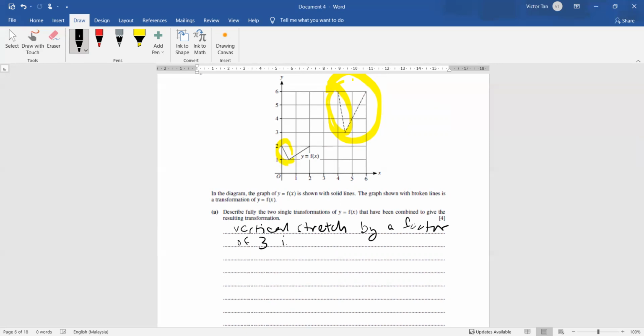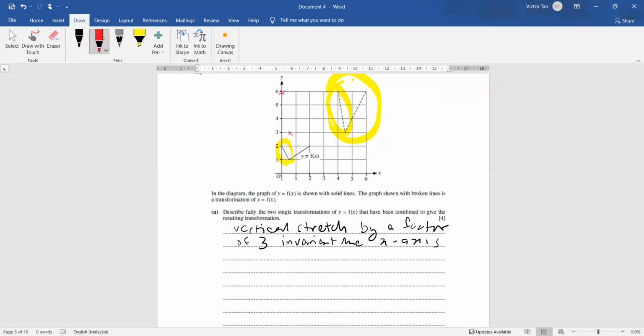Invariant line x-axis. So after this stretch, 2 will move to 6.